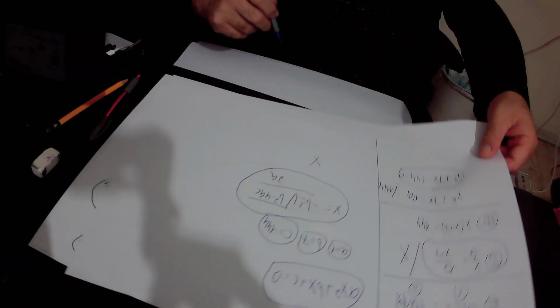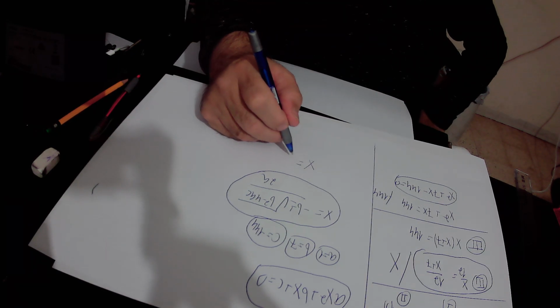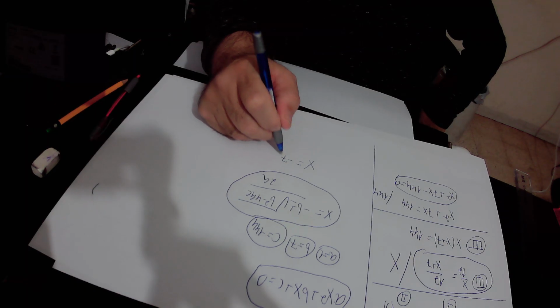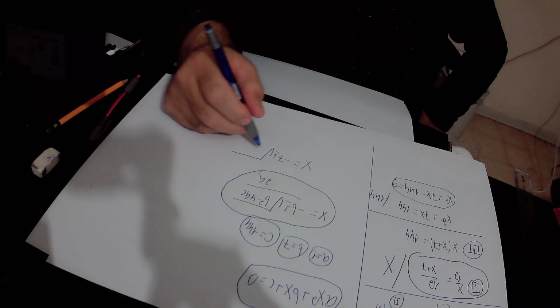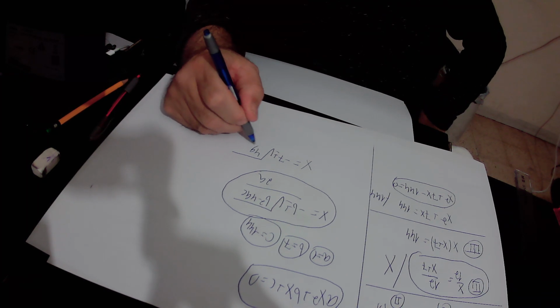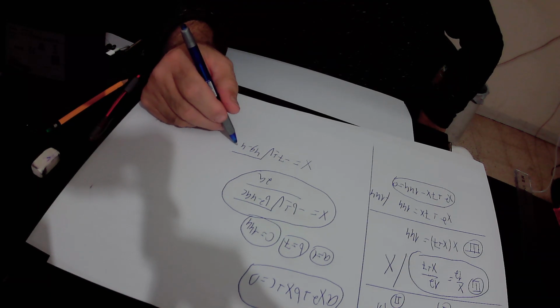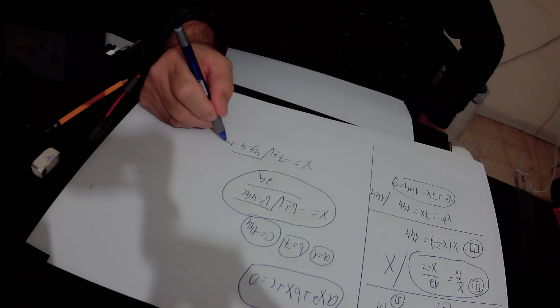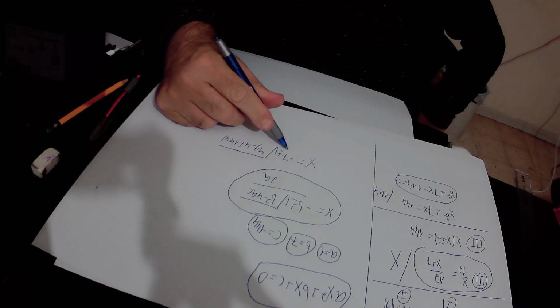So x equals minus b. B is 7, therefore minus b is minus 7, plus minus the square root of b squared. B is 7, so b squared is 7 squared, that is 49, minus 4 times a, which is 1, times c, which is minus 144, over 2a.